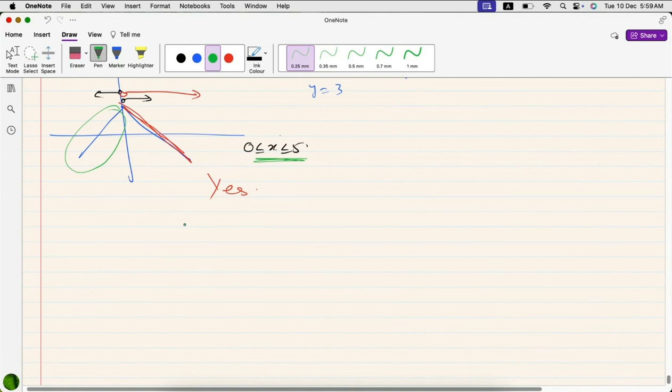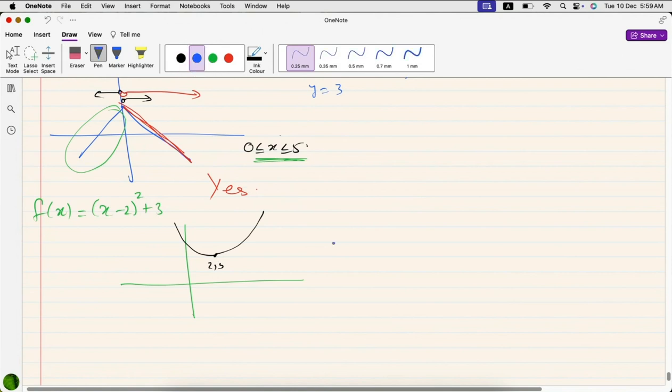Okay, so see, let's say f of x is equal to (x minus 2) squared plus 3. So this would be x 2, y 3, the point 2 comma 3.